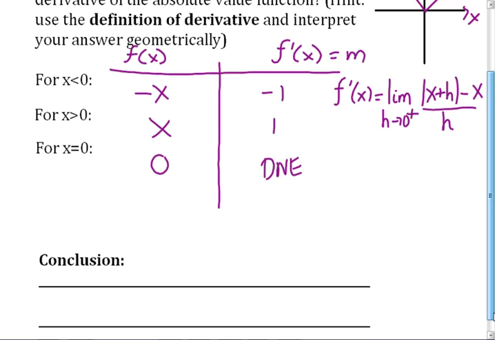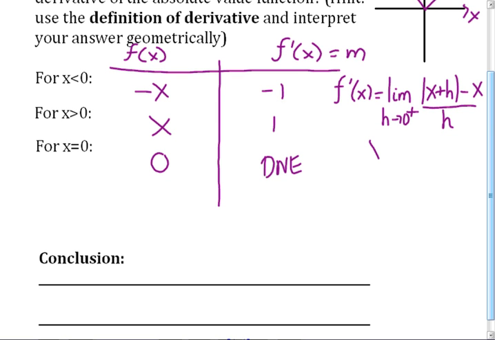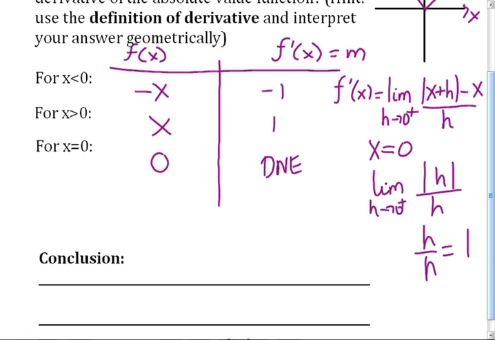Because I want to make this really easy. X is equal to what value? 0. So if I come in from the right using my definition, then this is the absolute value of h minus 0 over h. But if I'm coming in from the right, do I need that absolute value symbol? No. So this is just h over h, which is 1. There's proof that the slope is actually 1 on the right.